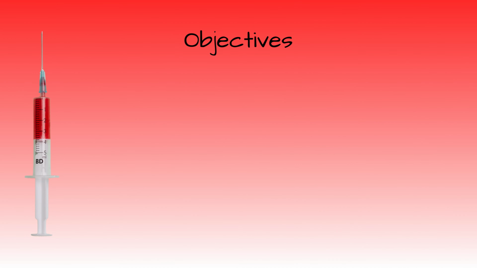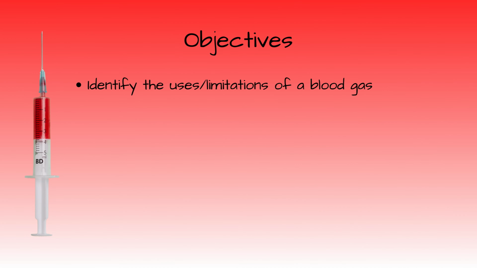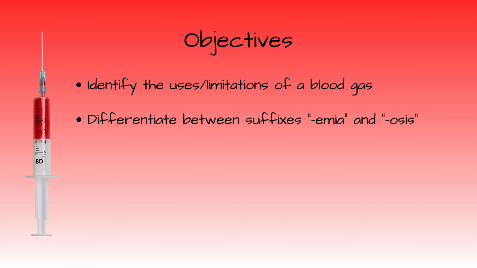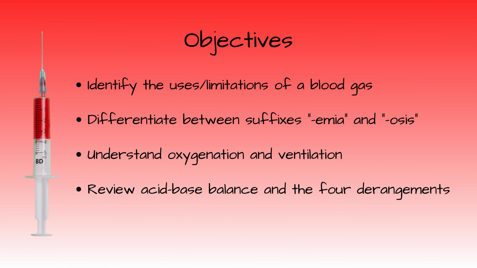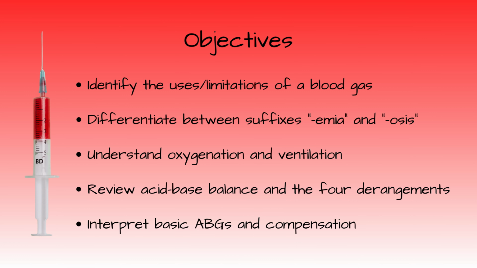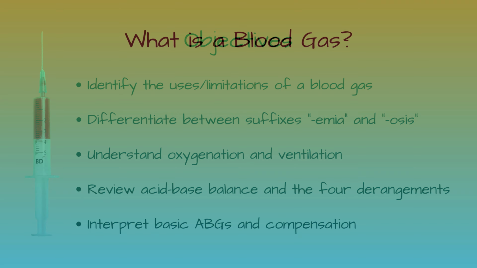In this video, we will identify the uses and limitations of blood gases, differentiate between emia and osis, understand oxygenation and ventilation, review acid-base balance and the four derangements, and practice interpreting basic ABGs and compensation.